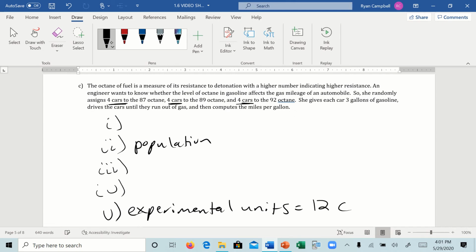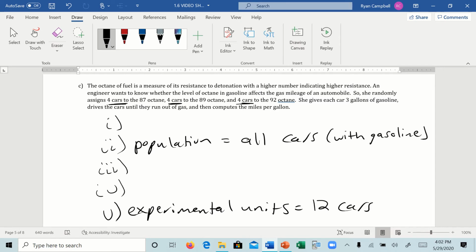So it would just be 12 cars, which means the population would be all cars. Good. Or maybe all cars with gasoline. So obviously this wouldn't be cars with diesel or electricity, right?